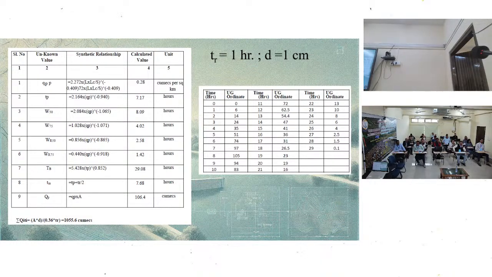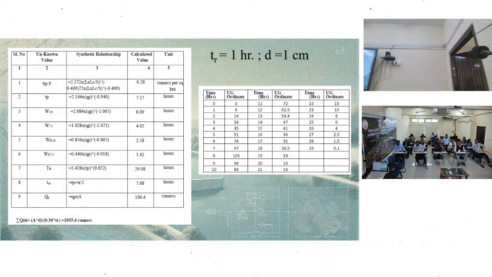Now if you add all the UG ordinates, this number and the UG ordinates should match. There might be a little variation, because if you add all this, you will come up with the number of 1056. Here we are having 1055.6, so it's close by. It has to be a very close match.